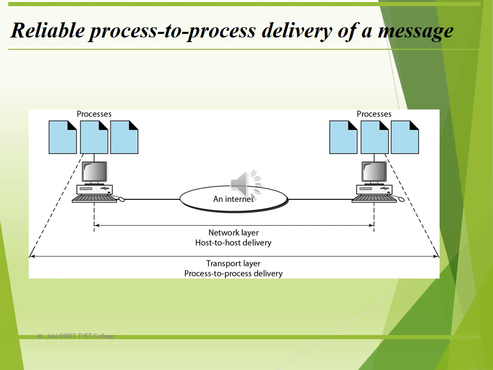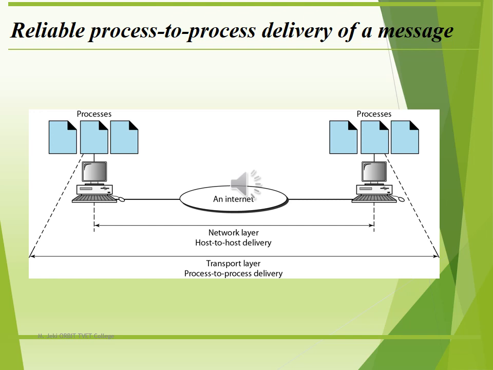There's an internet there, and host-to-host delivery is done by the network layer. Remember the network layer, layer number 3, router to router. And then the transport layer is just above the network layer. It does the process-to-process delivery.